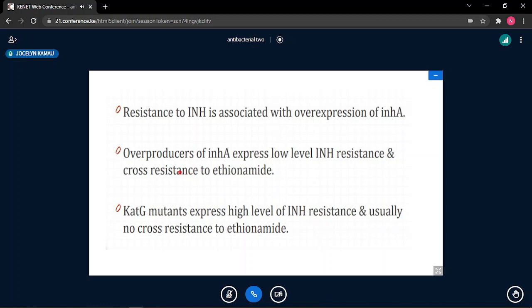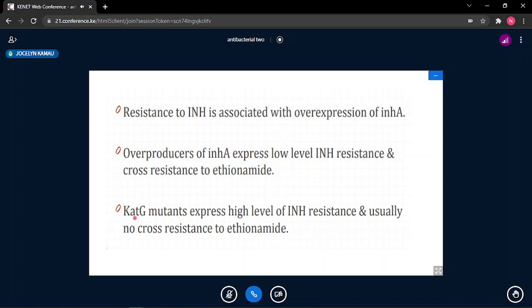The other one is that overproducers of inhA express low-level INH resistance and cross-resistance to ethionamide. We're going to look at ethionamide. Then we have katG mutants, which express high-level resistance. Remember, we talked about that enzyme, katG.